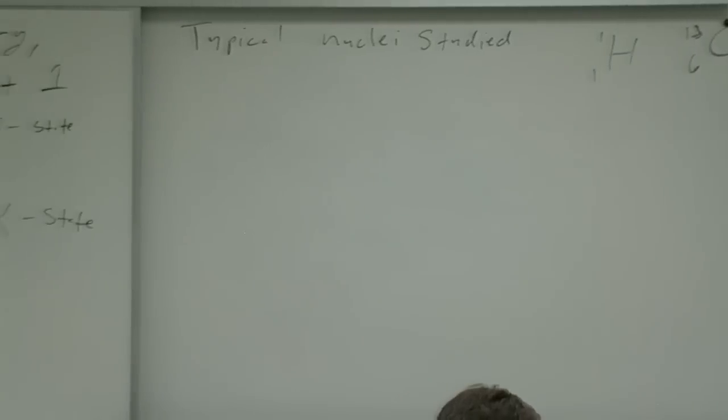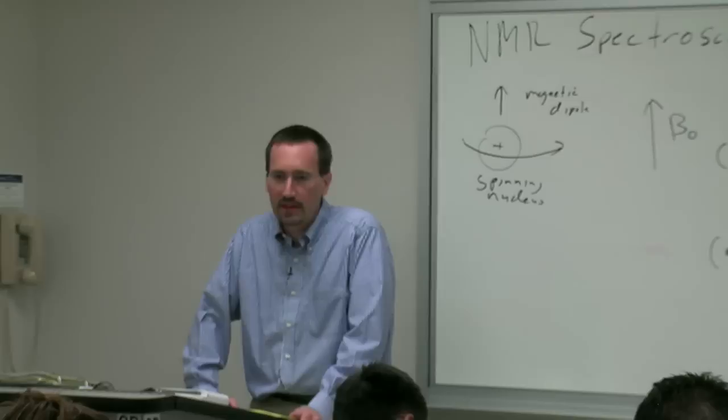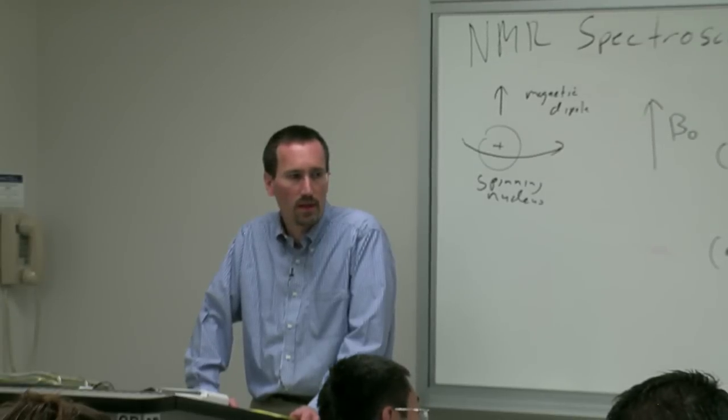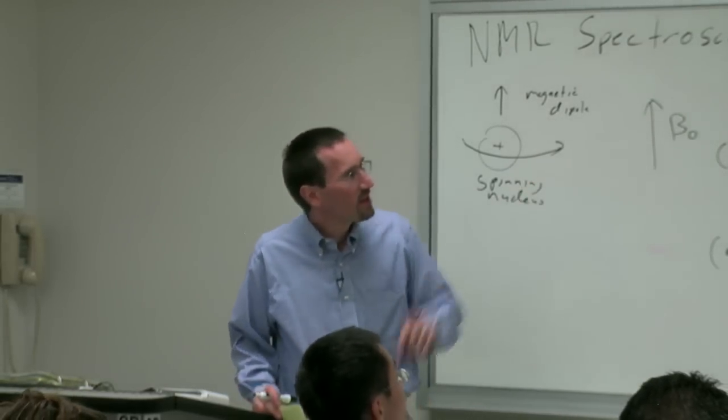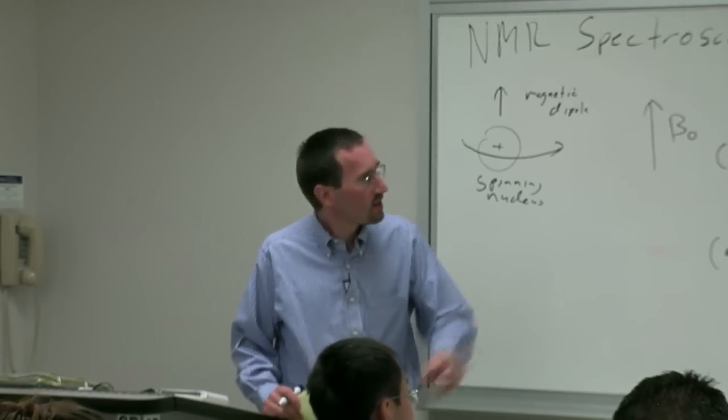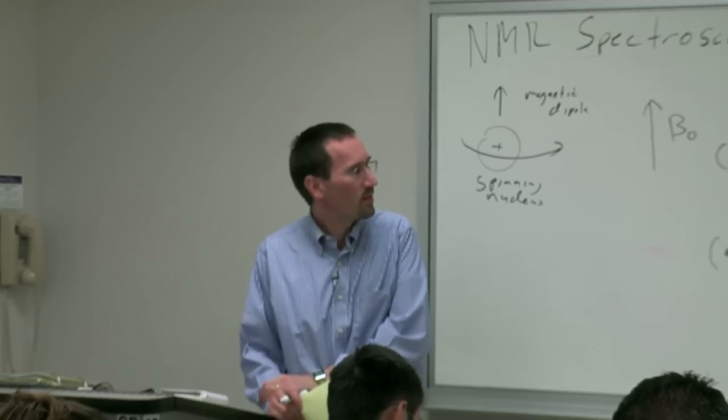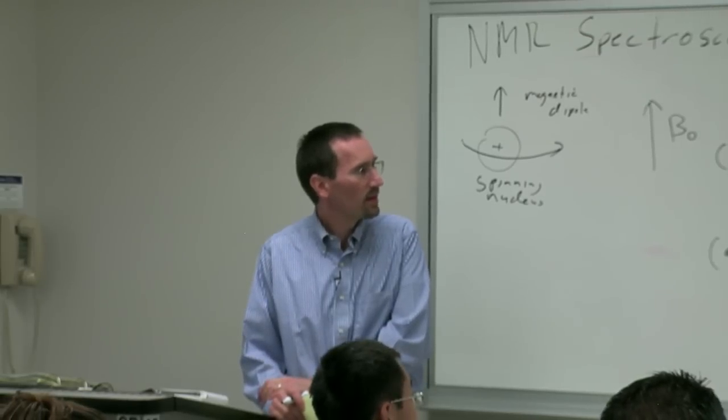They're easy to study. What do these nuclei have in common? 1/2. They have a 1/2, indeed. And forgetting their spin state, what property on the blackboard do they have in common?